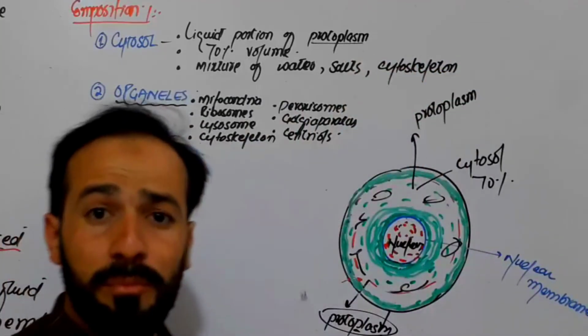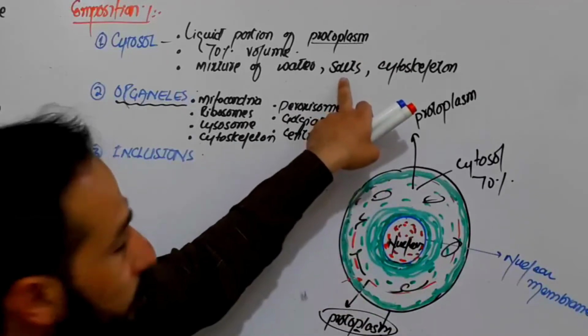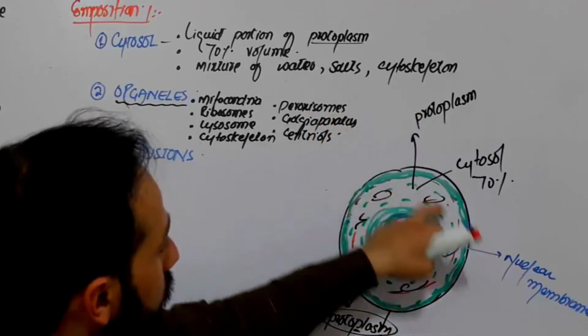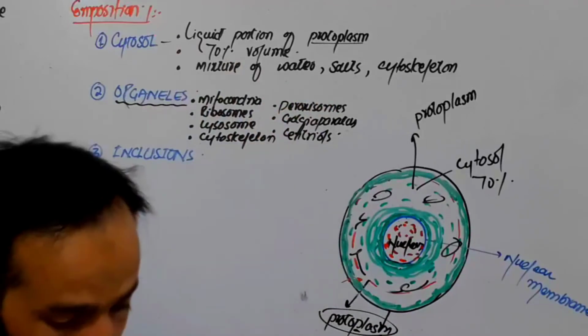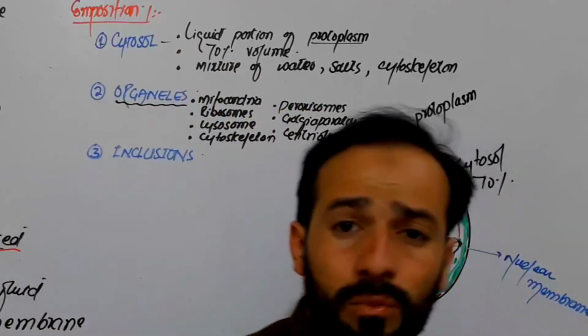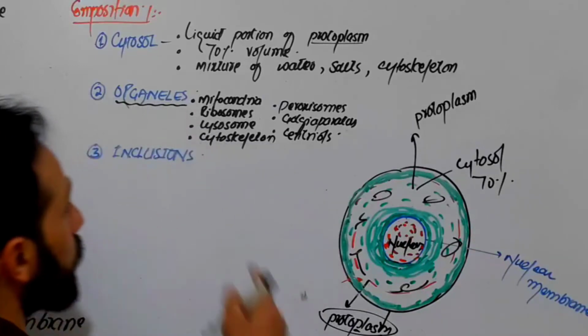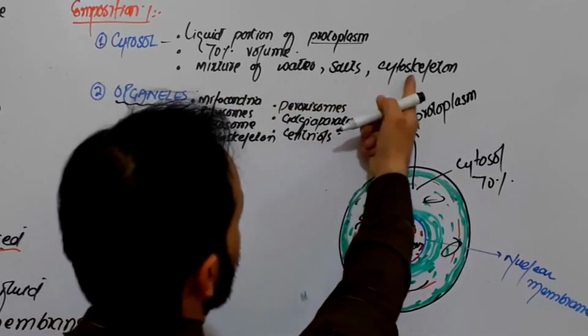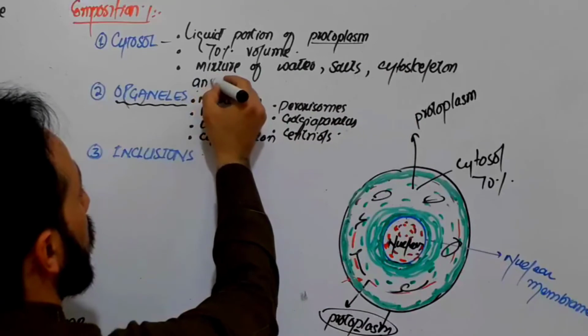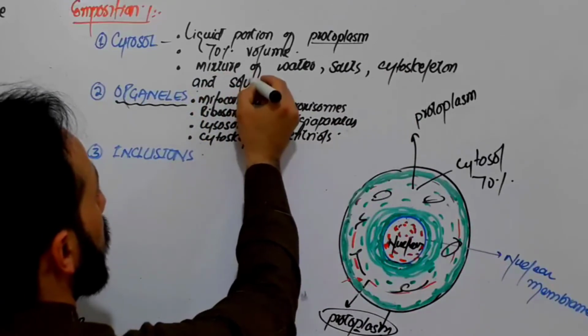The cytoskeleton is mostly made up of proteins, and we have some salty substances inside the cytosol, and there is also water. So we say that it is a mixture of water, salt, cytoskeleton and soluble ions.